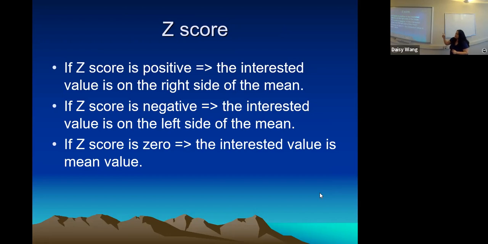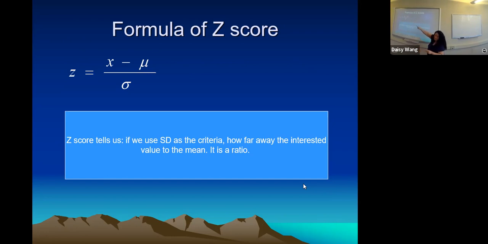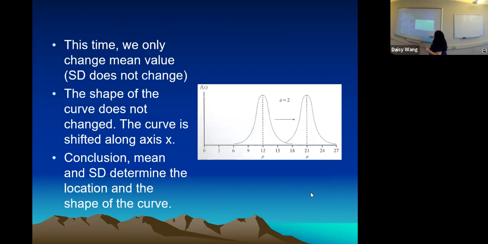So if the Z score is positive, that means the value we are interested in is on the right-hand side. If we go back to the formula, it's x minus mu. So if x is 15, minus 12, 3 is positive. Divided by 2 is 1.5.